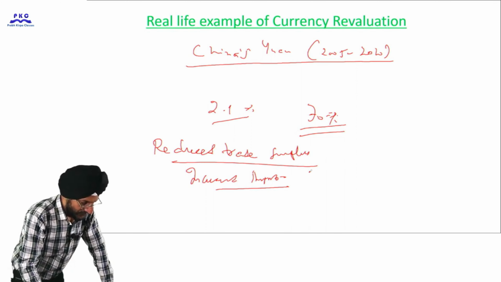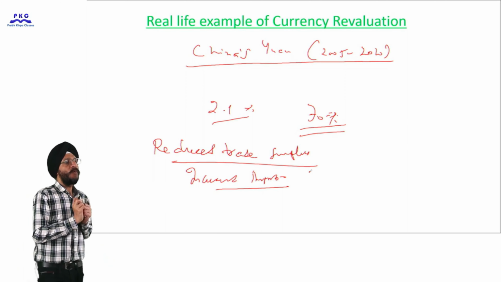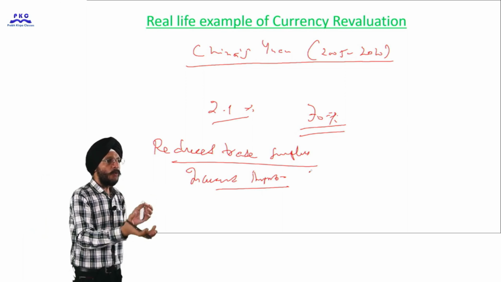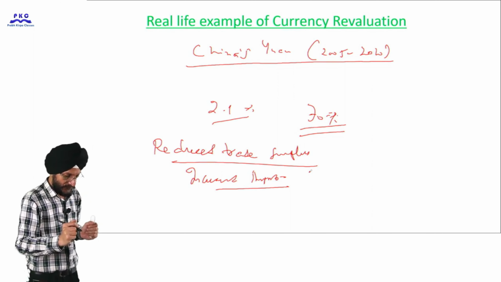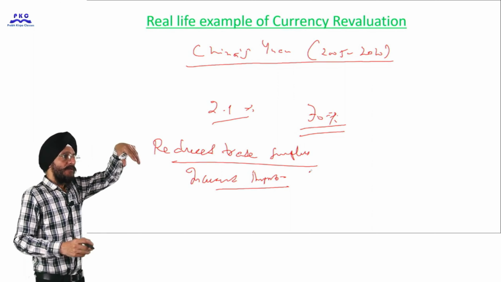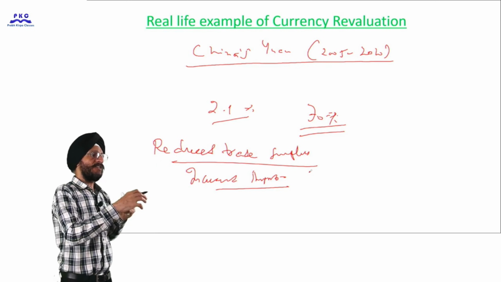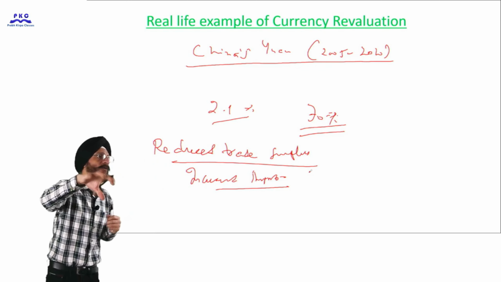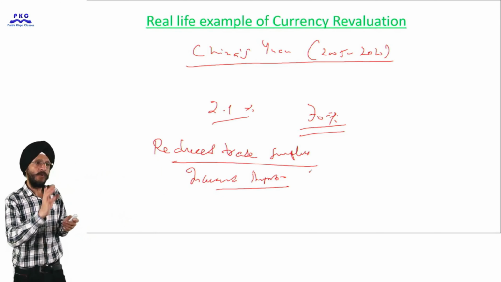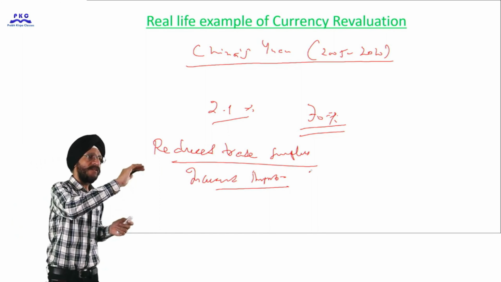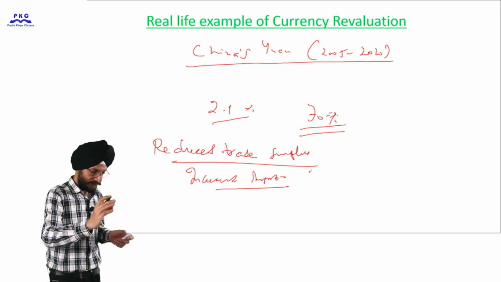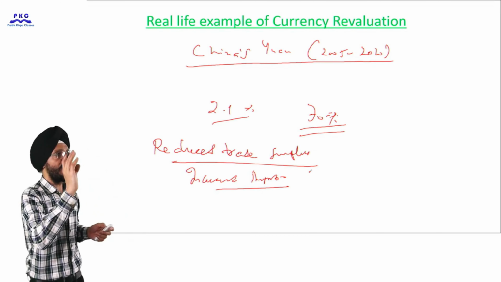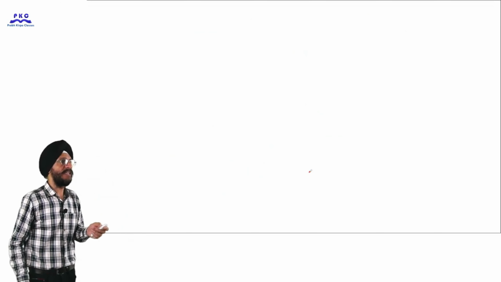Then there was also pressure on the exporters to improve their performance and to concentrate on innovation so that they can remain competitive in the market. So we have understood the real life examples of currency appreciation and currency revaluation. Thanks for watching.